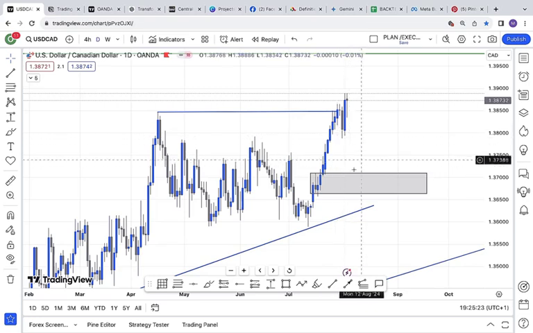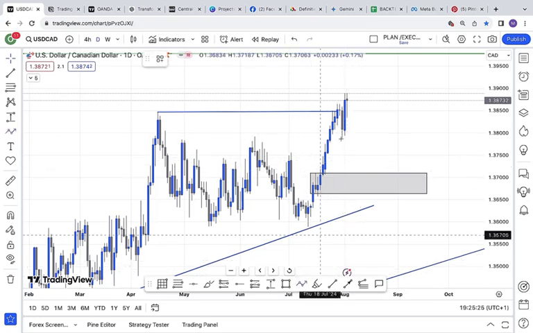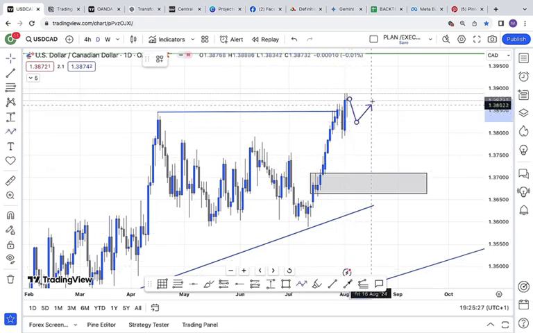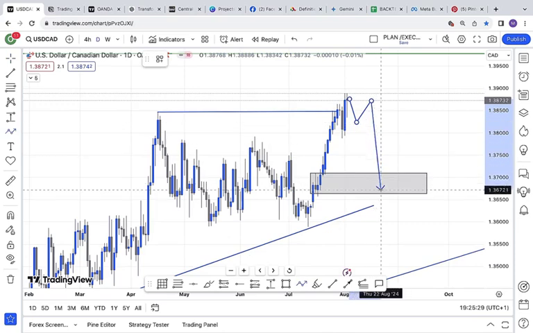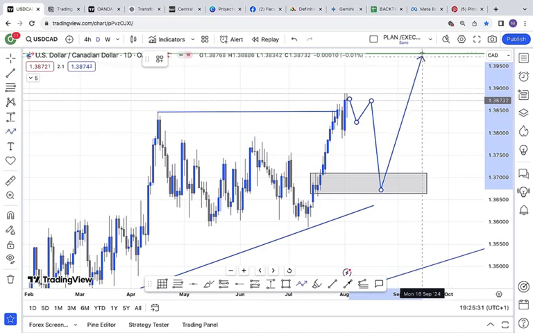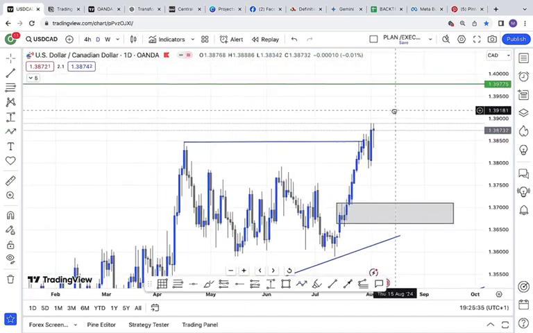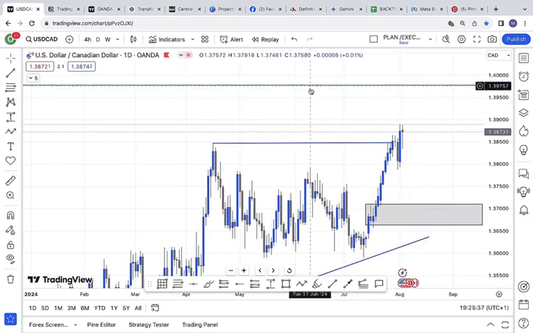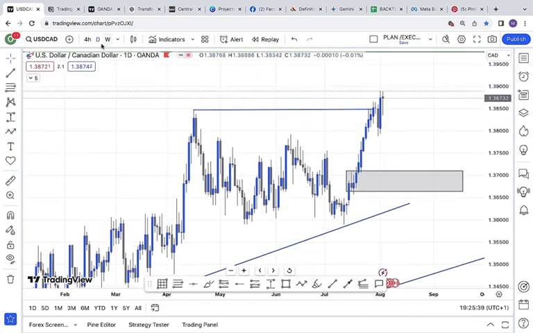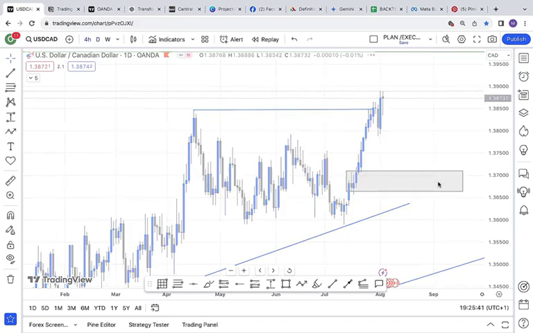So I'm expecting price, in the course of Monday or Tuesday, the market to come and test this demand before moving to take out this buy side liquidity resting above. So let's move to the 4-hour time frame and see what we have on the 4-hour time frame.